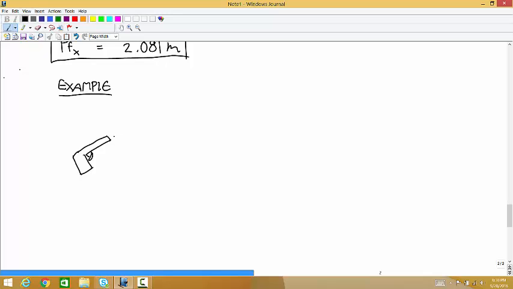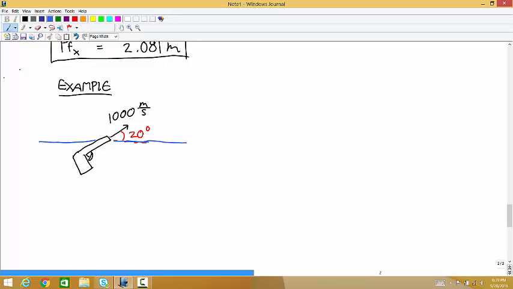So say you shoot a bullet into the air. Say that it leaves the gun at 1,000 meters per second. And let's say that you shoot it with an angle of 20 degrees above the horizontal. And let's say that this is the ground, just to make the calculations easy. Or it's the water. So he's shooting it half underwater.